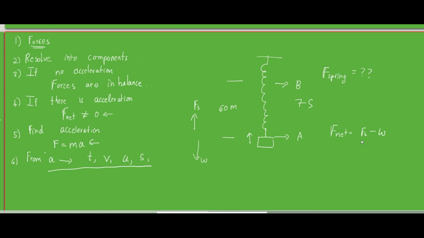Correct? Alright, so from this information you find acceleration, and from the acceleration you find out the net force. From the net force you just add your weight and you'll get the spring force. So you're either moving from top to bottom or from bottom to top. This is a much simpler case. It's only in the vertical direction, so resolving into components is not required, because it's only along a straight line.